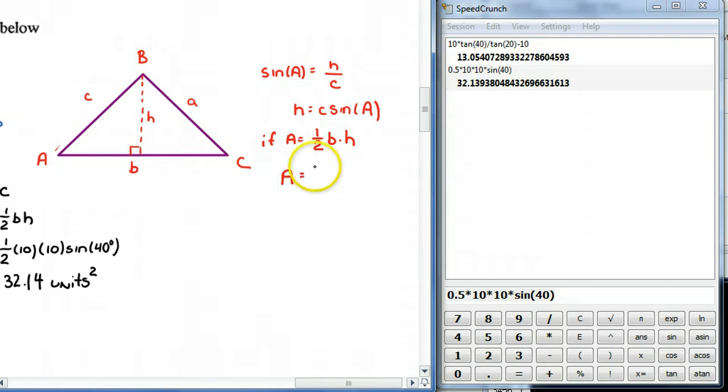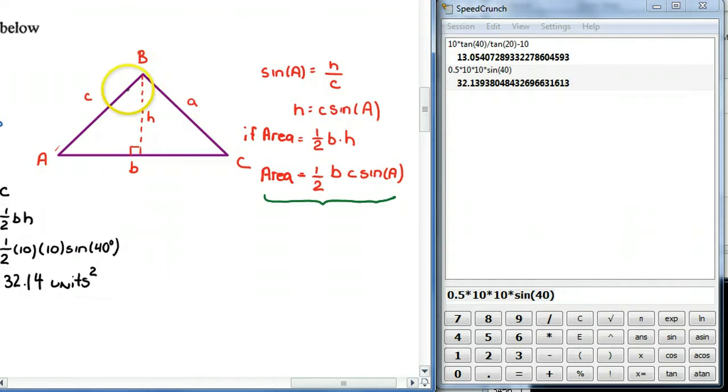So the area of this triangle is 1/2 the base, which in our case we said is b, and the height is c sine A. And so what we have here is a nice little formula to find the area of any triangle, given that we have two sides and the angle contained within. It's going to be 1/2 bc sine A.